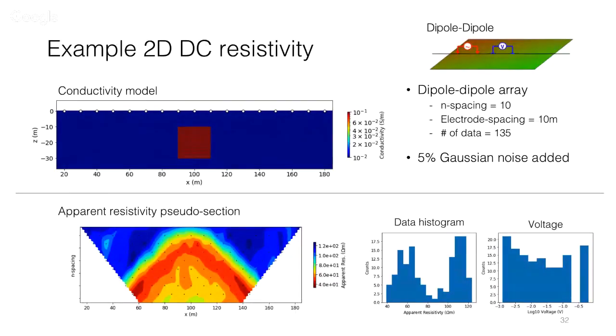Okay, let's do an example. So here's the 2D DC resistivity problem. We've got a conductive block in here. We're going to use an array where we've got electric dipoles for current and potentials for receivers. And here's our apparent resistivity pseudo-section. So for each datum, we try to find a homogeneous half space that gives rise to that particular value of the datum.